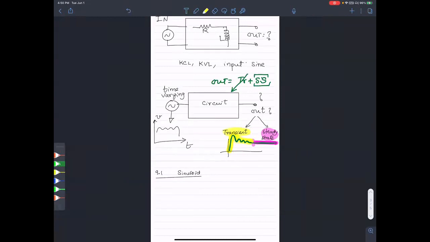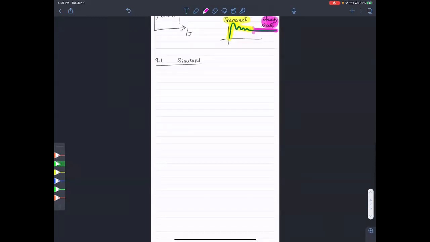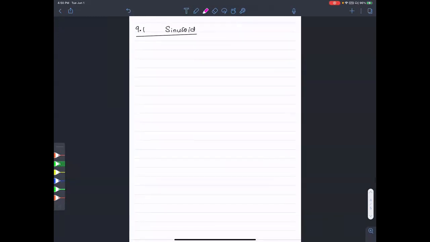In this chapter, we are going to spend a whole lot of time understanding the steady state response. So when the input is a sine wave, what is the steady state output? That's something we want to park to one side of the brain.